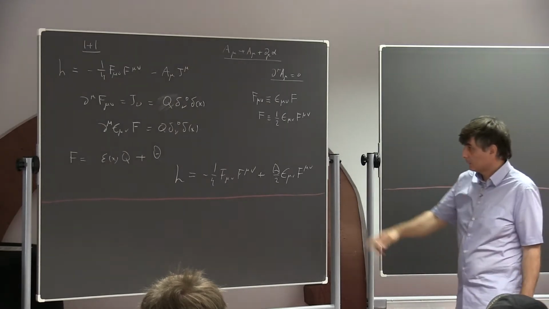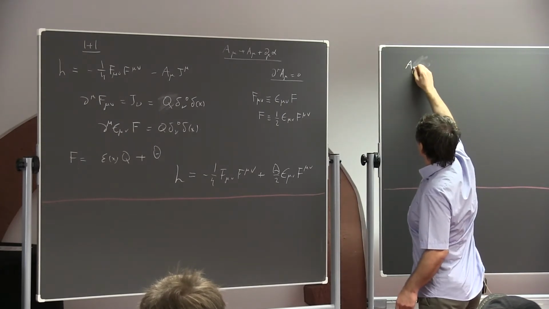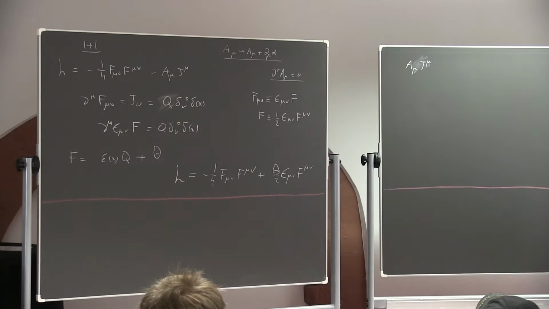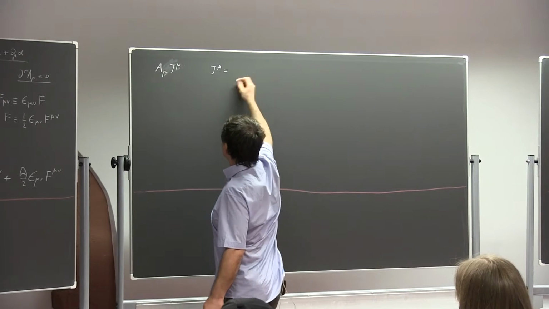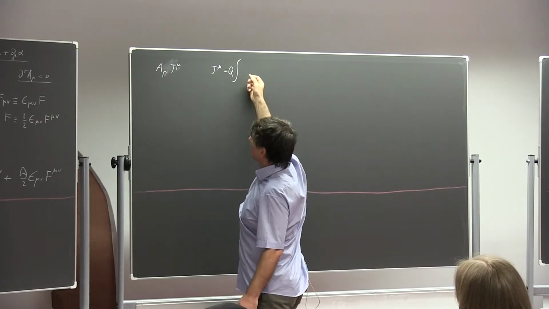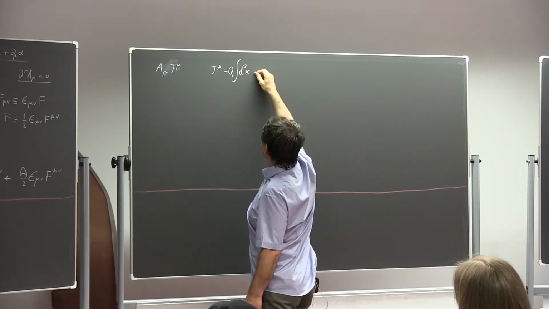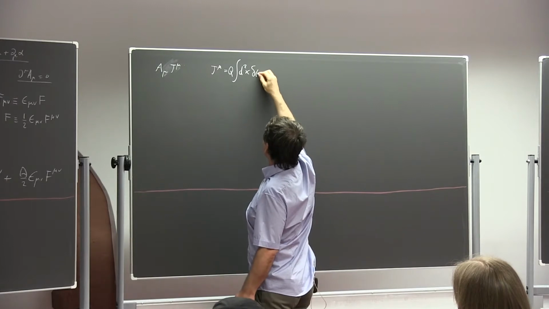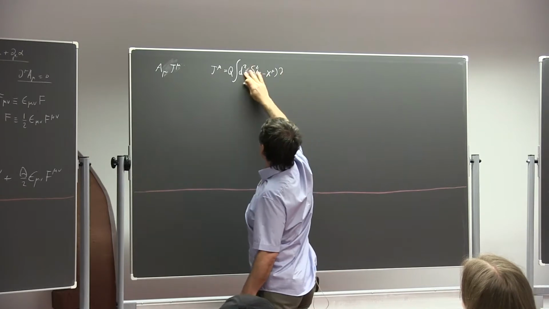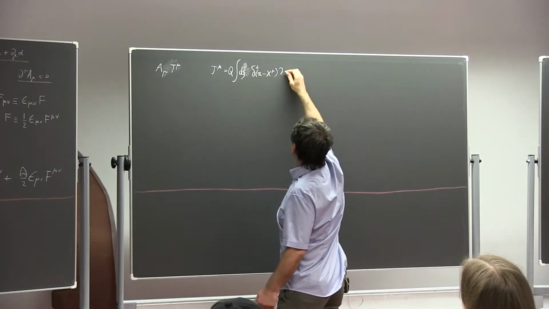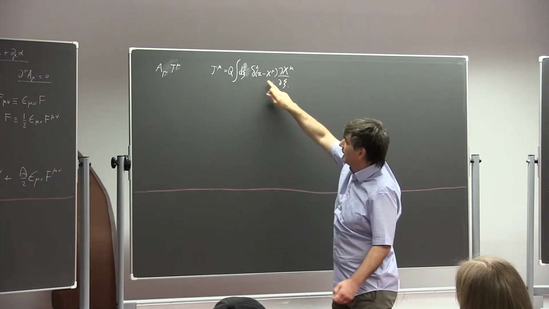So I can think of this as coupling of A mu to a current, and this current describes the boundary.